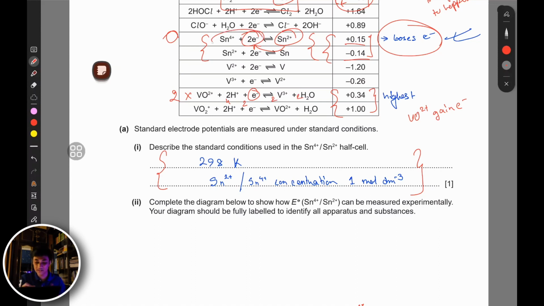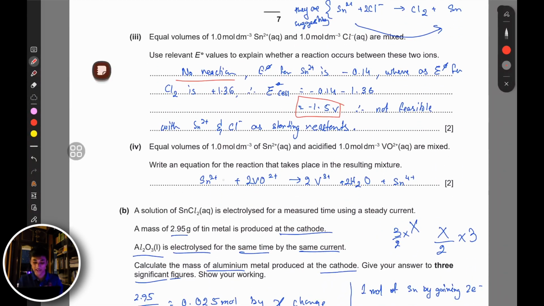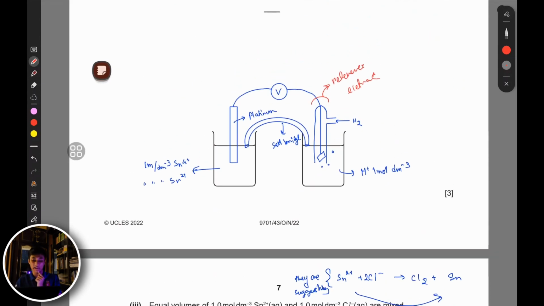So now let's add the reactants, in this case this, because Sn2+ is the reactant, and let's add all of these up on the product side. So let's do it fresh. We're going to react Sn2+ with 2 VO2+, and we're going to have 2 V3+ and 2 moles of H2O plus Sn4+.